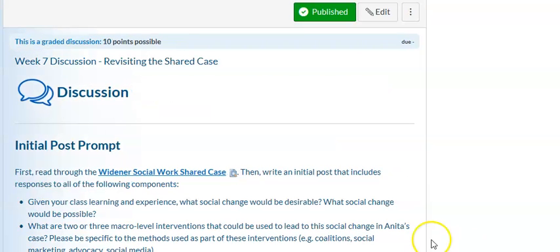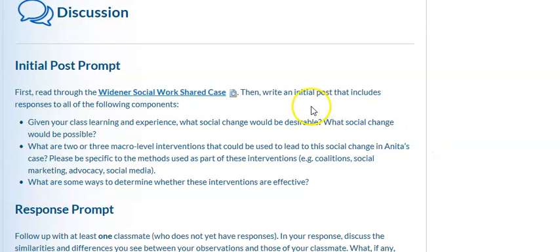The next discussion post asks you to go back to the shared case of Anita and her family and now look at it from a macro perspective. Given your class learning and experience, what social change would be desirable? What social change would be possible? What are 2 or 3 macro level interventions that could be used to lead this social change?